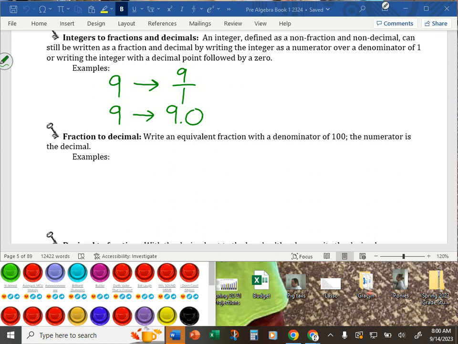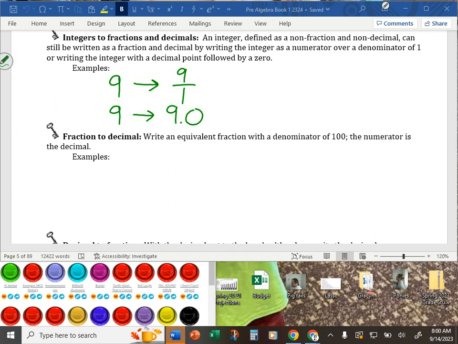I thought it'd be like 0.09. So 0.09 would mean you have 0 wholes, 0 tenths, and 9 hundredths. Right? This would be like having 9 whole dollars. That's having 9 pennies. Very, very different things. Okay? So just the number 9 by itself, 9 wholes, 9.0.